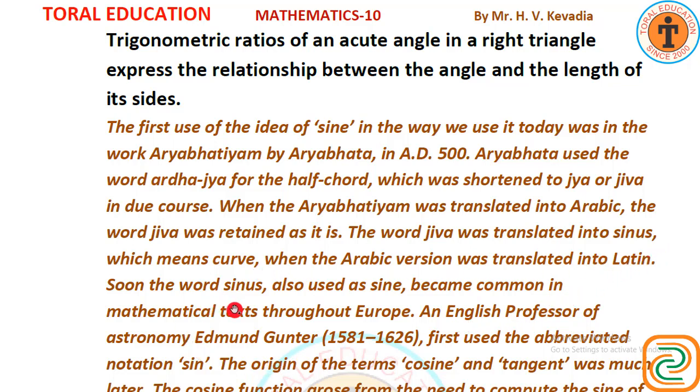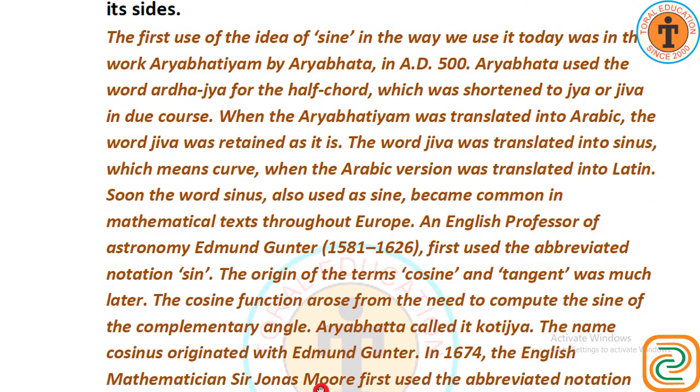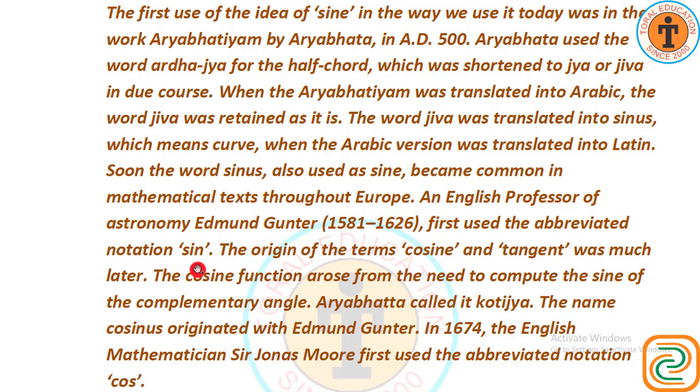Soon the word sinus, also used as sine, became common in mathematical texts throughout Europe. An English professor of astronomy, Edmund Gunter, first used the abbreviated notation sin. The origin of the terms cosine and tangent was much later.